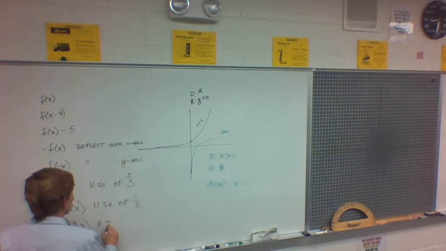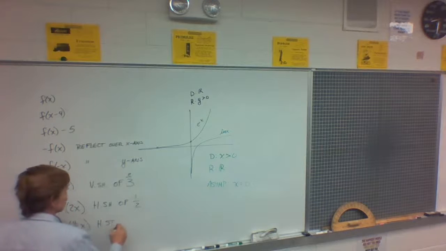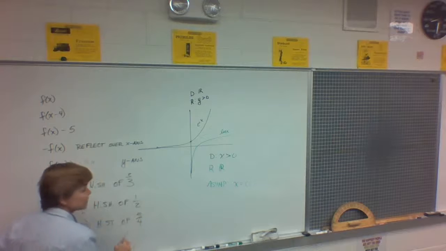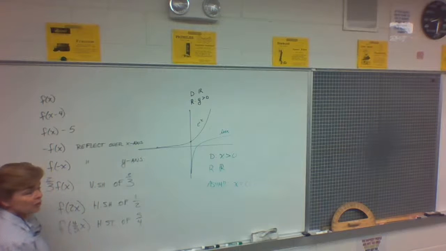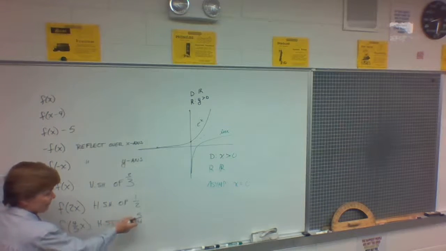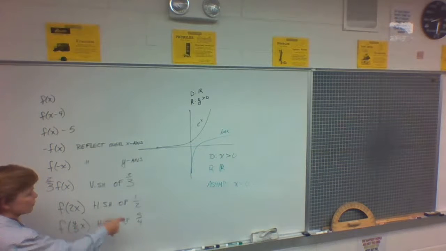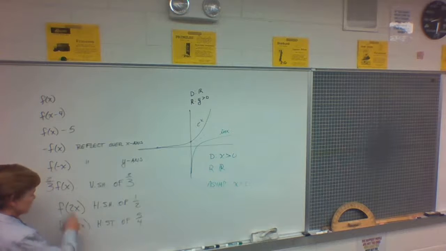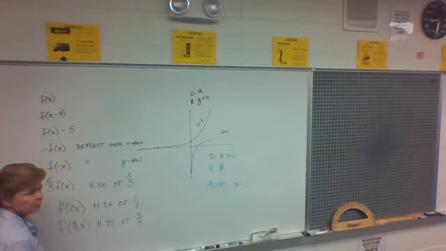Why is it a stretch? The reciprocal is greater than 1. 5/4 is greater than 1. So when you flip it over, if the reciprocal of this number is greater than 1, you'll have a stretch. So you have to think reciprocal when it's on the inside, right? This is all old news, right?